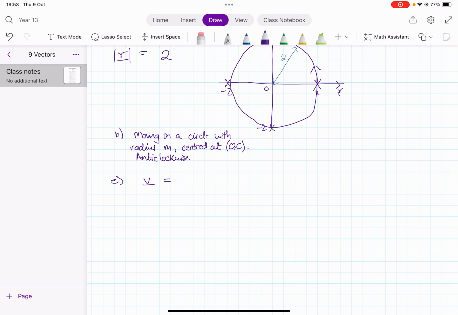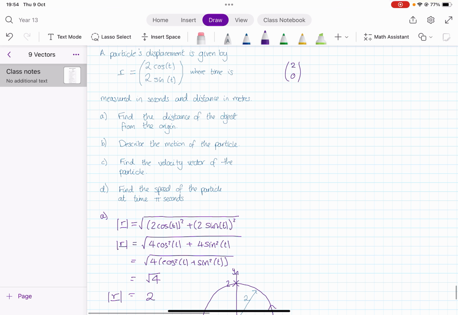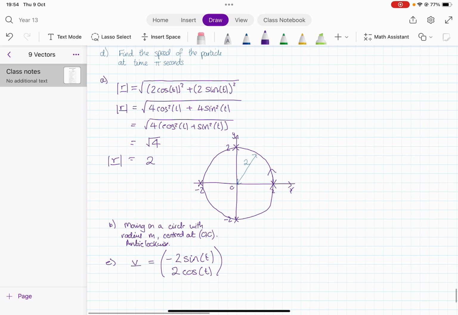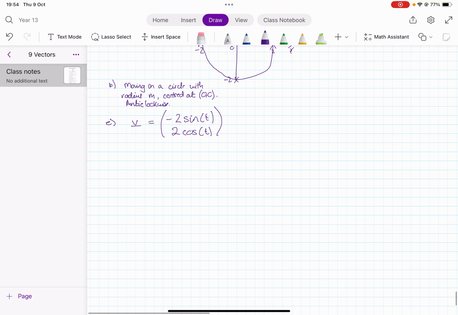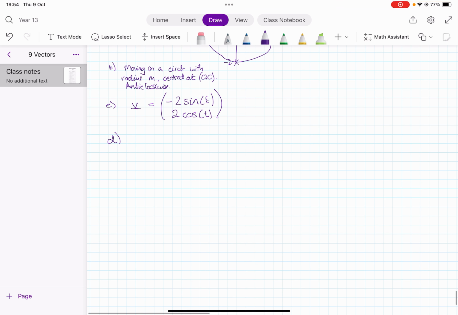I want to differentiate 2 cos t, that would be negative 2 sine t. And I want to differentiate 2 sine t, that will become 2 cos t. So there is my velocity vector, and I can find the speed of the particle at time pi seconds. Just like finding distance, when we find speed, we're going to use that magnitude.